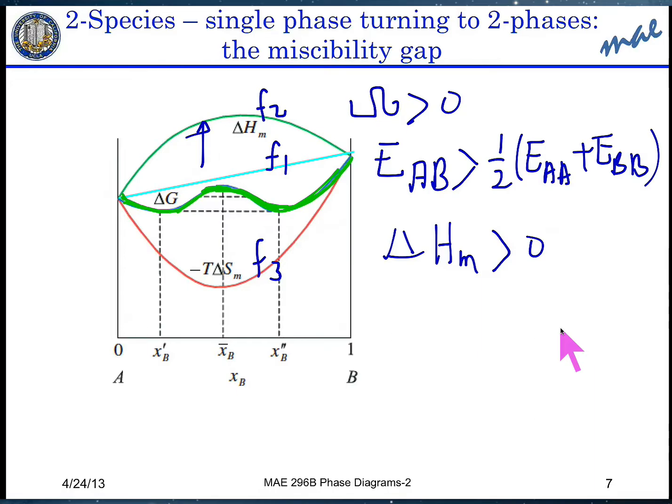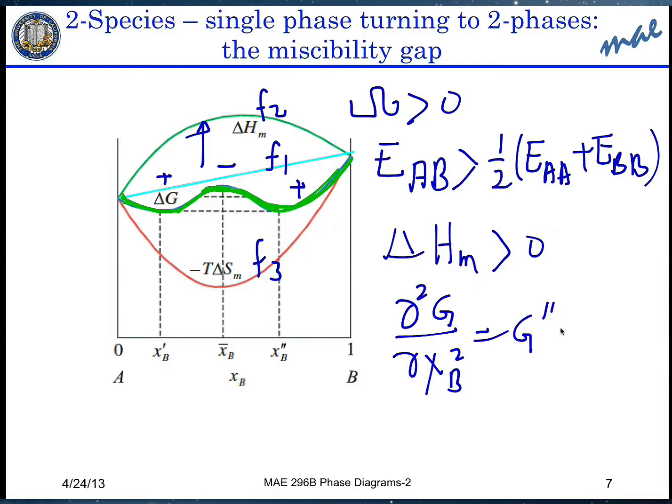What is curvature? Curvature is basically the second derivative d2G with respect to xB squared. So we're going to call this G double prime. So G double prime here is positive, and here is negative, and here is positive.